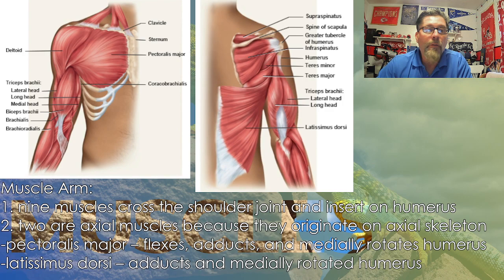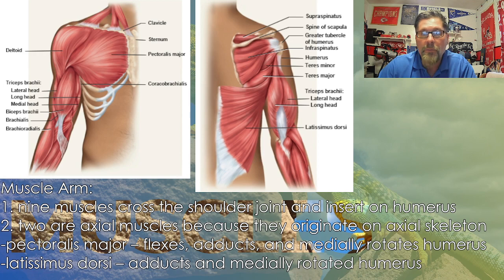Now, in part 1 of this series, we talked about muscles, and we kind of went down the back a little bit. Today, we'll be going down more the front. But again, just to recognize that most of the muscles of the upper limb originate or attach to the axial skeleton, so they're called axial muscles.